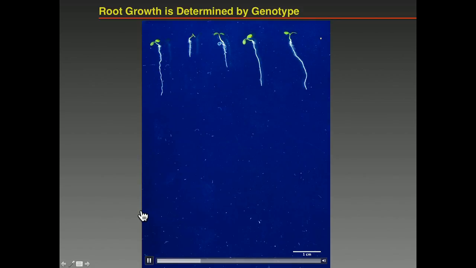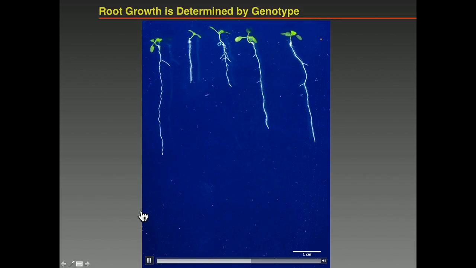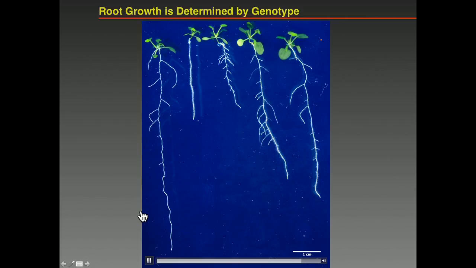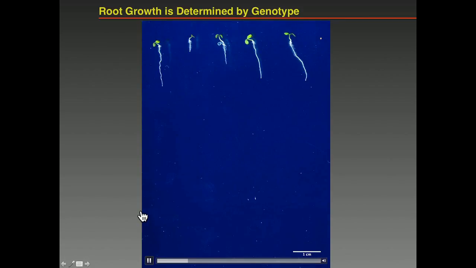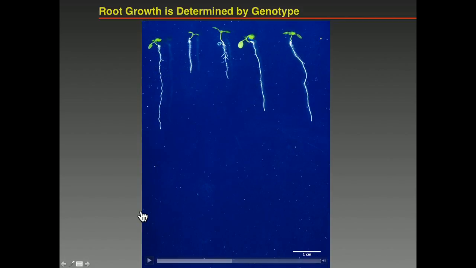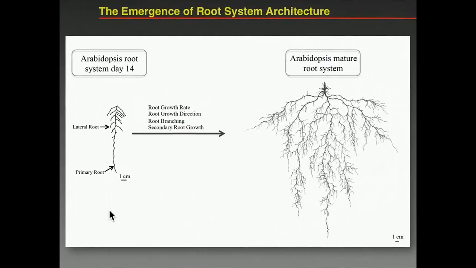And for this, we use tools of machine vision to accurately take images like this and quantify organismal phenotypes from Arabidopsis. Now, in this story that I want to present here, and this is just a few of the projects in the lab where we've been successful in identifying genes, their alleles, and even genetic networks that underlie phenotypic variation in the root system, we ask a very fundamental question.